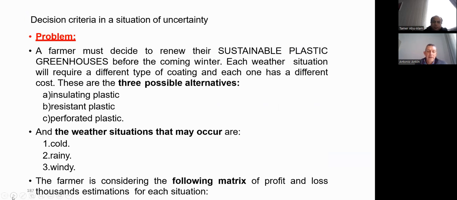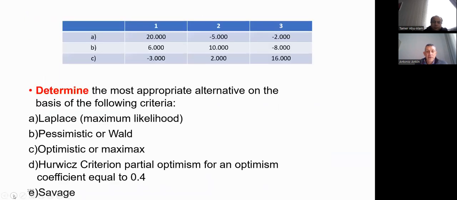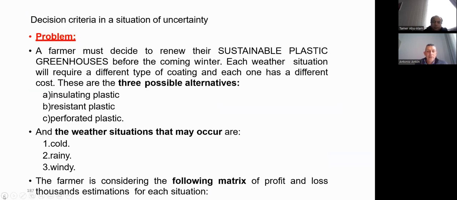Today there are very extreme colds in Alicante, for instance. So these greenhouses are more suitable for using insulated plastic because of the extreme colds. It's snowing here, also in Mallorca, in every place of Spain.